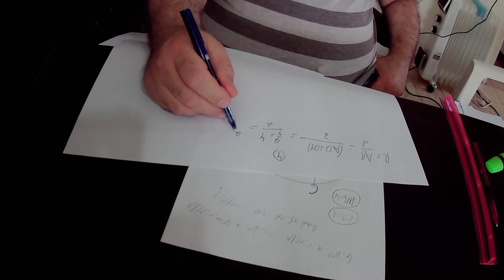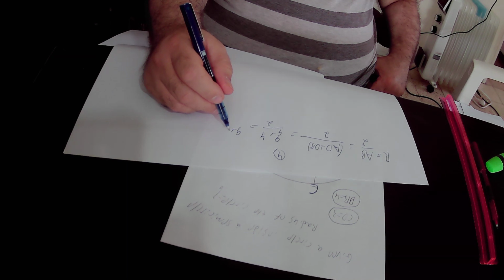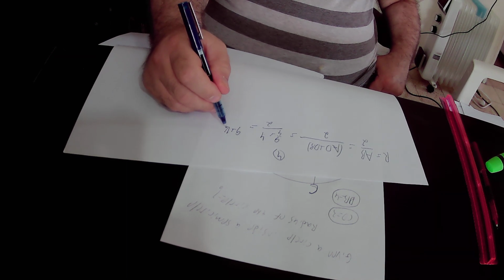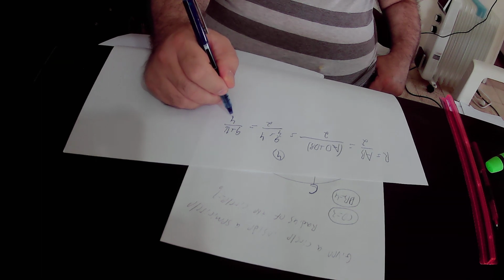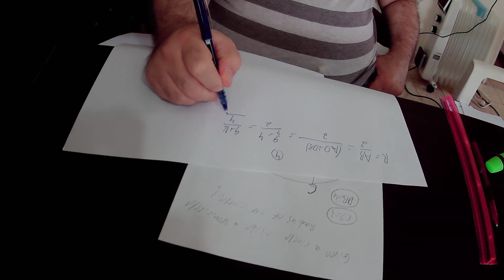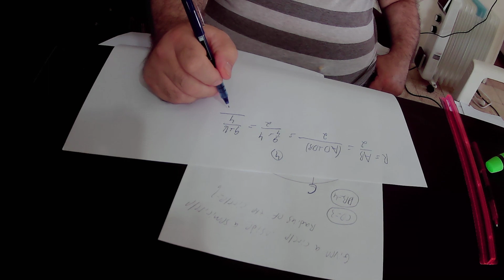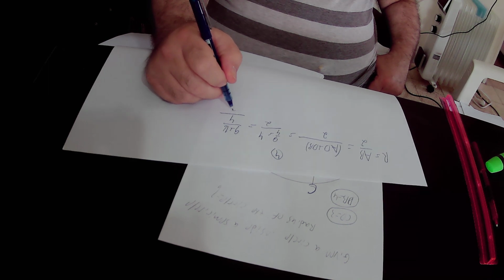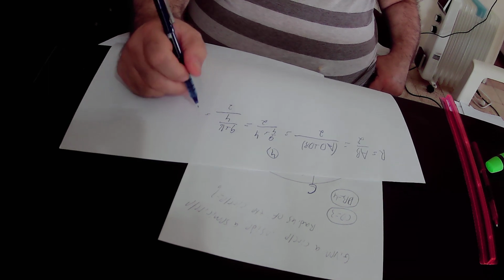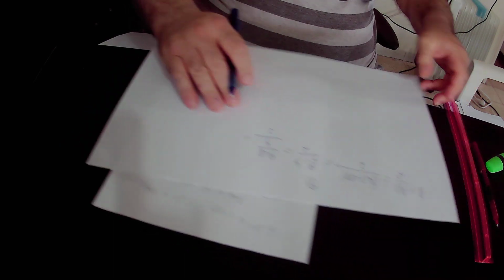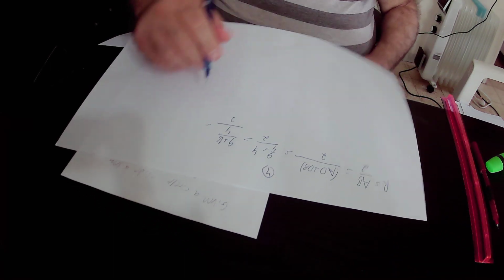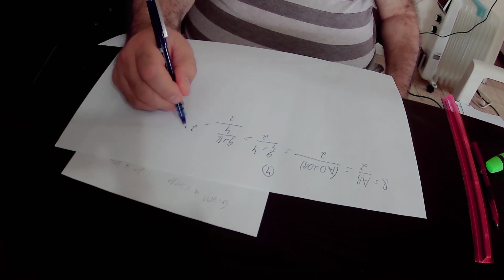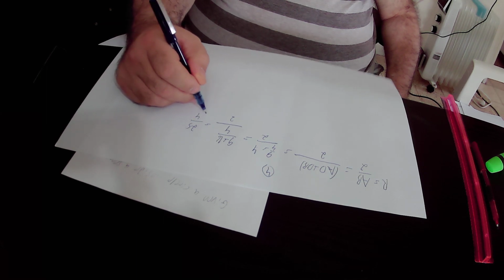And we'll get that 9 plus 4 times 4, which is 16, over 4, divided by 2. 9 plus 16 is 25, over 4, over 2.